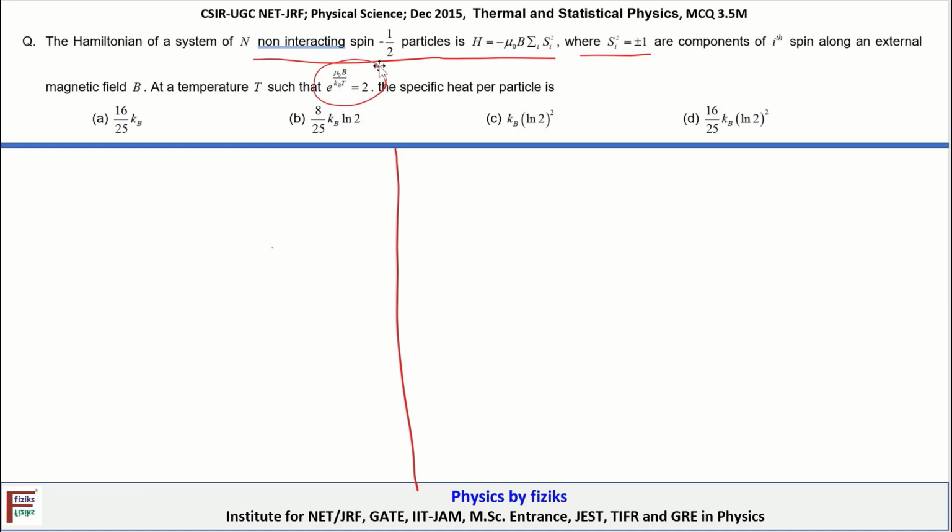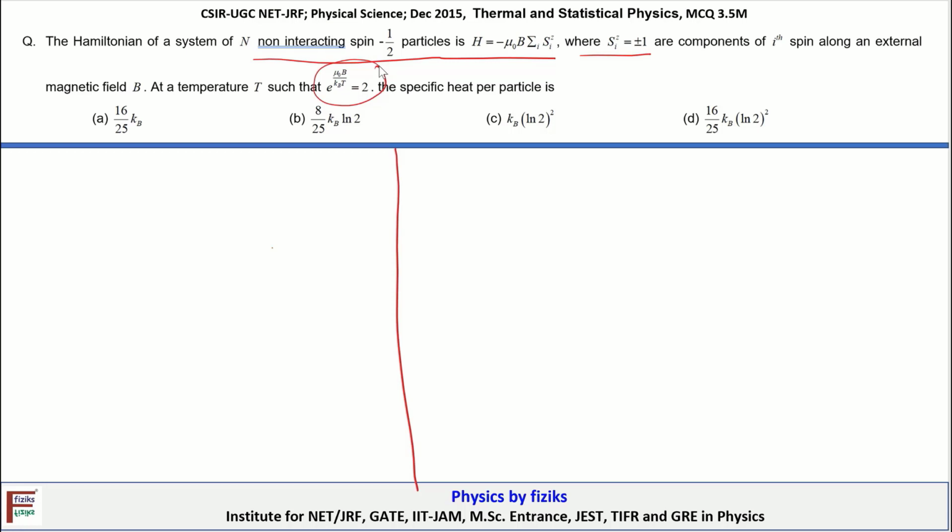If you take a look at what you have learned in your elementary classes, when you put, for instance, a magnetic dipole in an external field, it can either align along the field direction or opposite to the field direction.